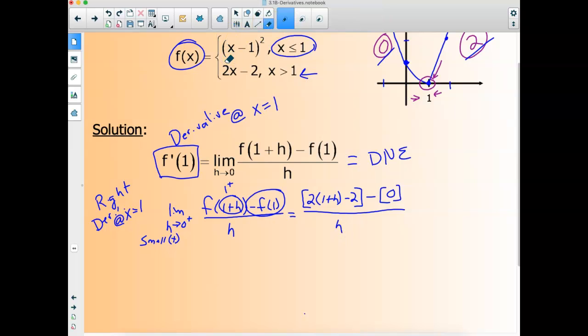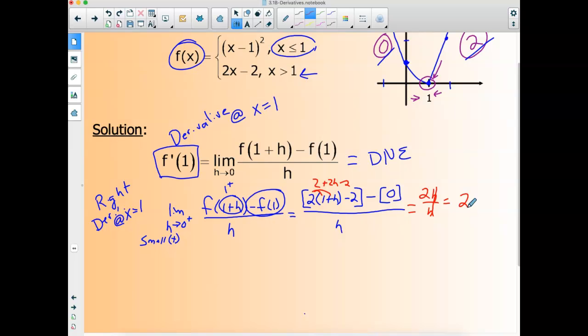F of 1 only goes into that top piece. Distributing, that's 2 plus 2h minus 2 minus 0, which gives me 2h over h. I can reduce those h's, and that's 2.